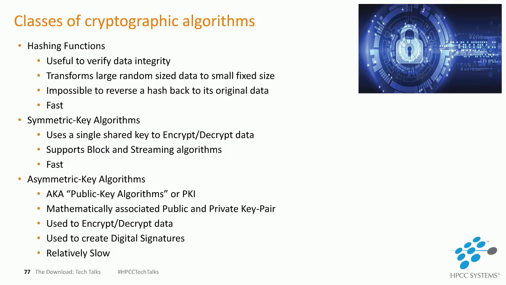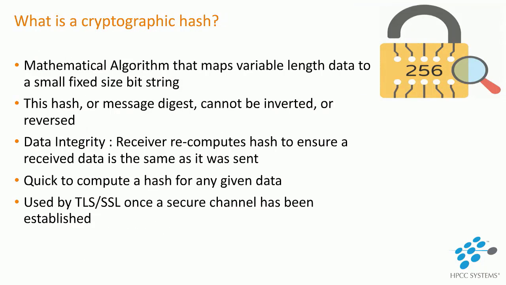So now we're going to dive into the details of what we've implemented and the support that we have. So what is a cryptographic hash? It's a mathematical algorithm. It maps a variable length of data to a small fixed size bit string. As I mentioned earlier, it cannot be reversed or inverted.